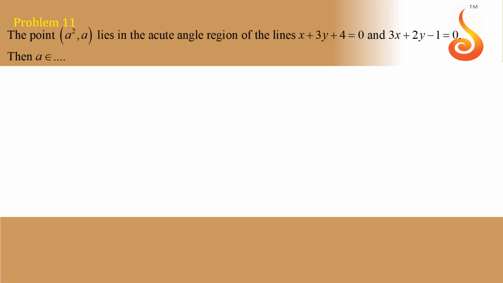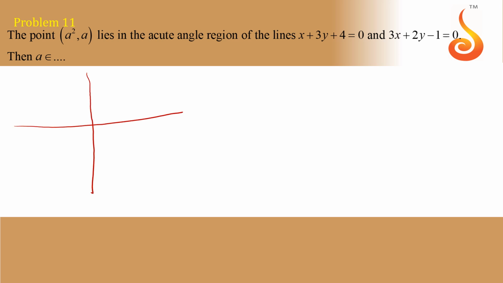Problem number 11. The point (a square, a) lies in the acute angle region of the lines x plus 3y plus 4 equal to 0 and 3x plus 2y minus 1 equal to 0. Suppose I draw a coordinate system.